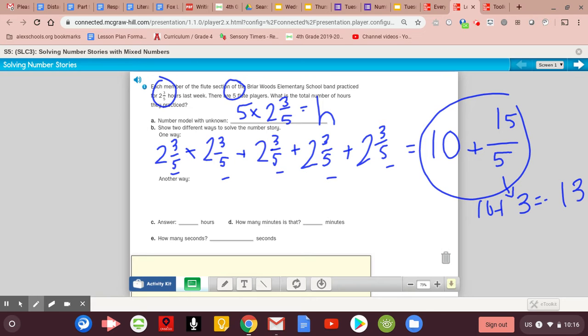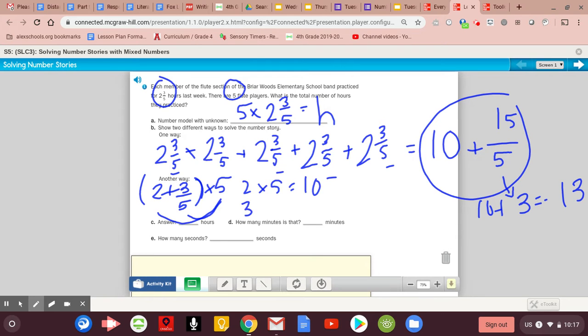So first I'm going to start by dividing that 2 3/5 or splitting it apart to 2 plus 3/5. Then you are going to take that times 5, and you're going to times that 5 by each part. 2 times 5 and 3/5 times 5. Well, I know 2 times 5 is going to give me my 10.